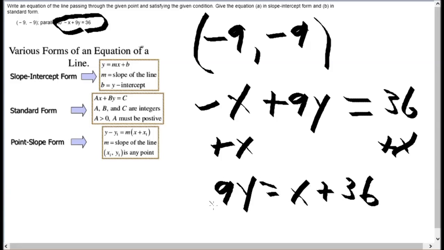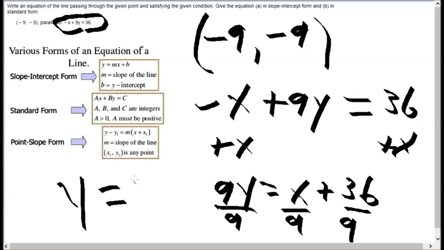And then we're going to divide through by 9, and what we'll end up getting here is the equation y = 1/9 x + 4, because 36 divided by 9 is 4.